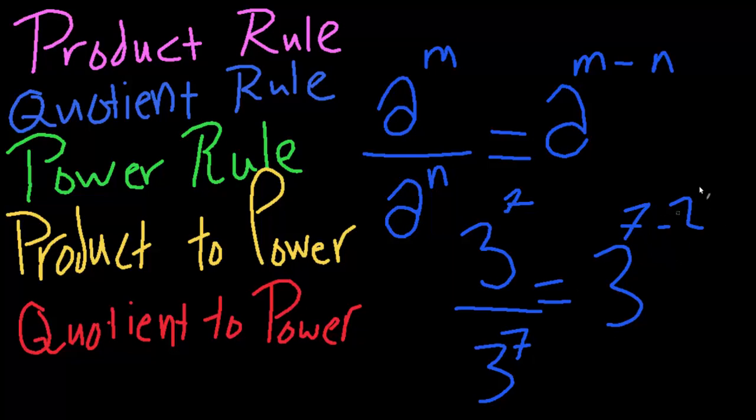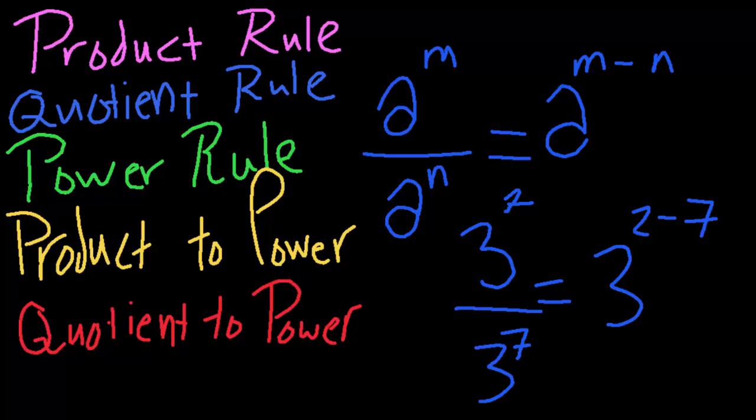Or I apologize, it'll be the other way around. Let me fix that. Okay, that's going to be right. It's going to be 3 to the power of 2 minus 7. Okay, in this case we used 2 as our m, we used 7 as our n, and 3 as our a. And that equaled out to 3 to the power of 2 minus 7.